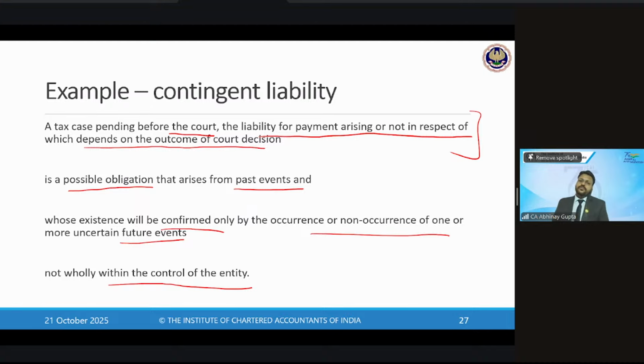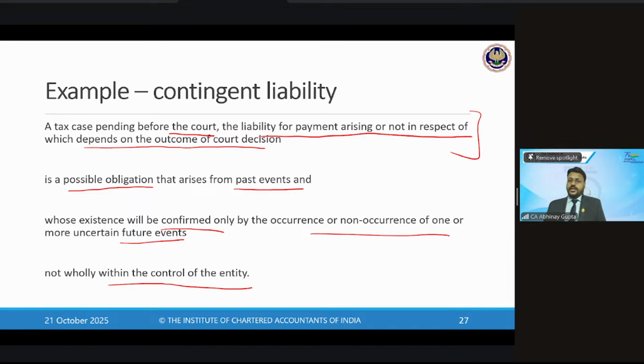But what if the company has a case where, under similar facts or situations, the case was decided against the department, or in favor of that assessee? Then in that case, the company has the chances of winning the case, yes or no? Yes. So in that case, the obligation is not present.